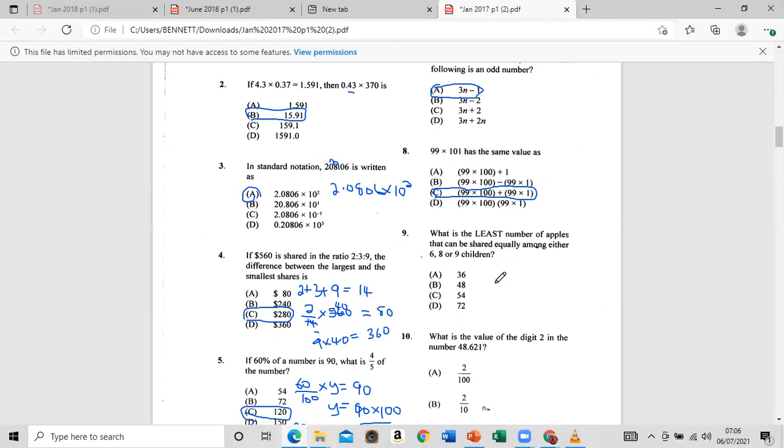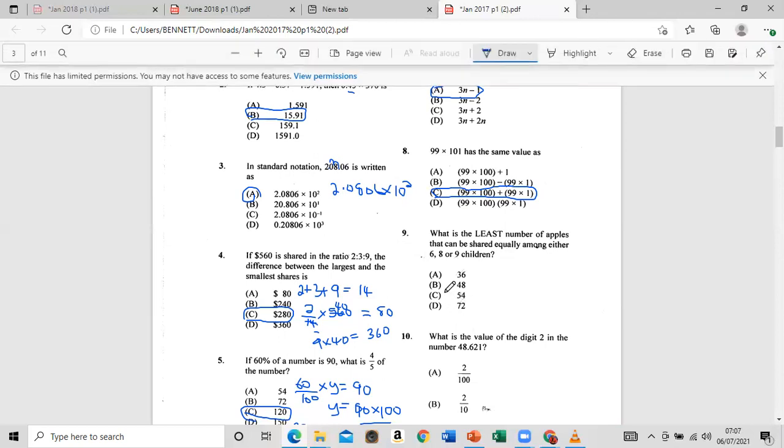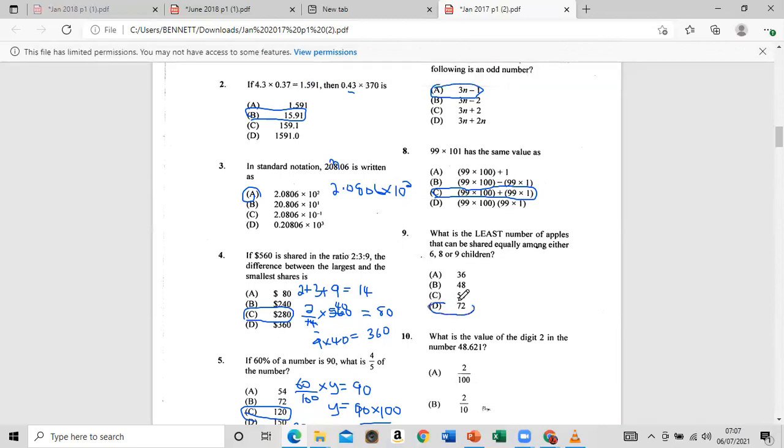Let's see, 54. 6 cannot go into 54 without a remainder. Let's see, 8 into 54. Now we can't. So that leaves us with the last one, which is 72. 6 can go into 72, 8, 9, 72. So there we go. It would be 72.